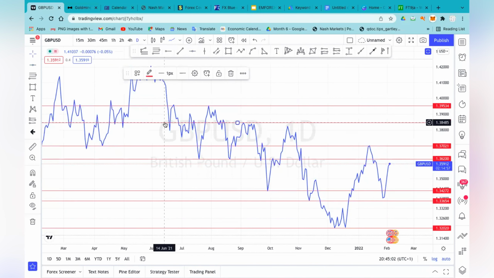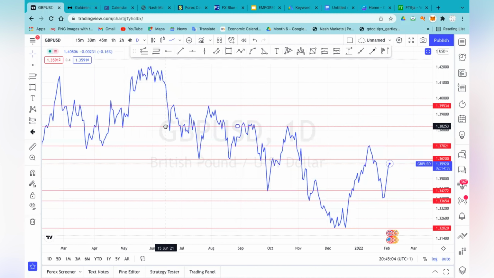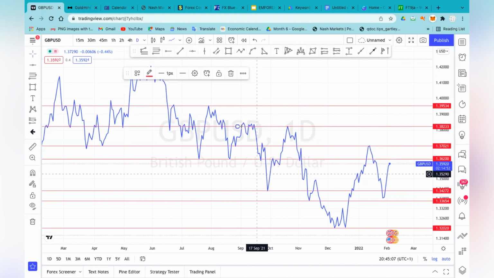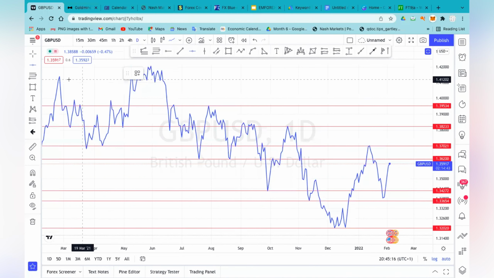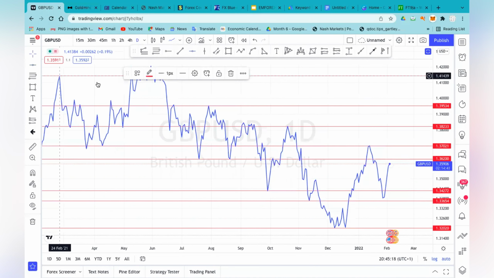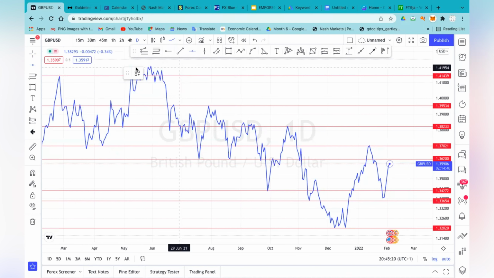This also, but let me use the one below here because of the multiple touches. On the 4 hours I could now get this one here. Then let's see again, this also, and let's see this.